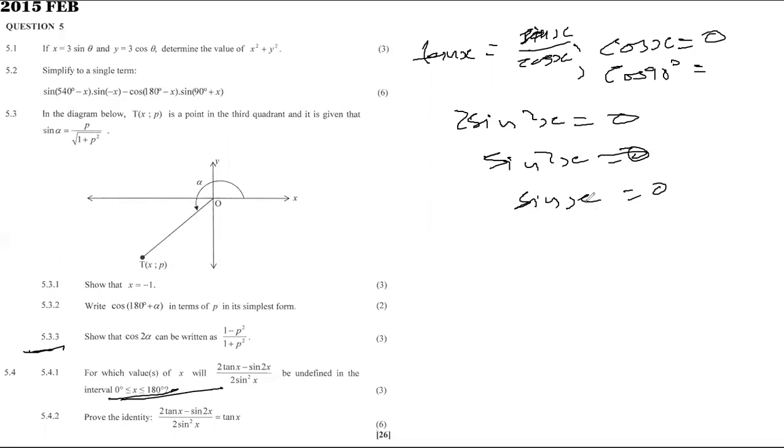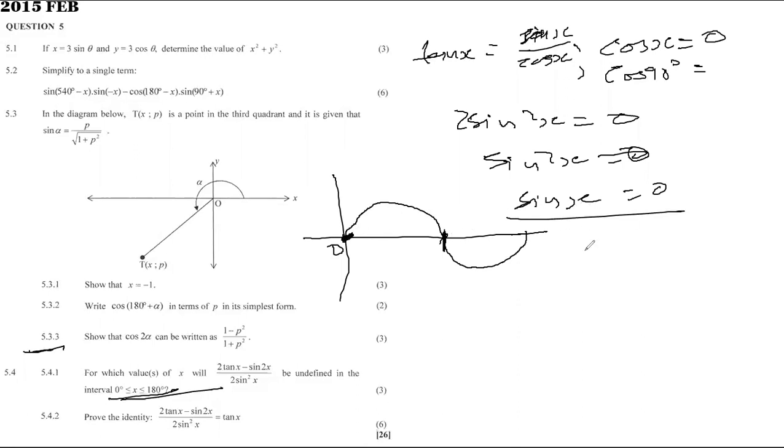So when is sine x 0 in this interval? It will be a good idea to have a rough sketch of the graph. This is 180 and that is 0. We can see it is 0 at 0 and it is 0 at 180. So x is 0 and x is 180, and finally, if x equals 90, we might have a problem.